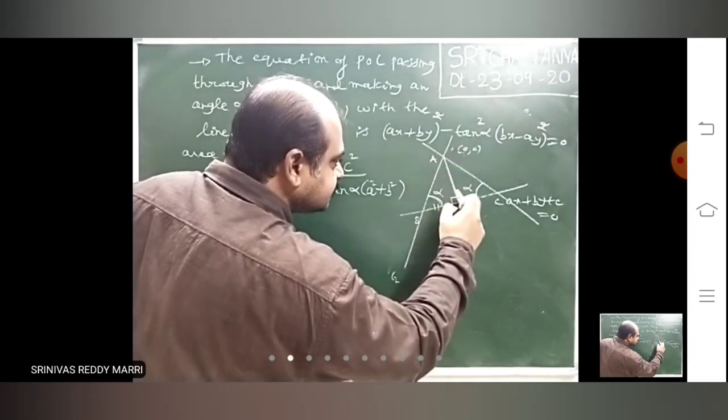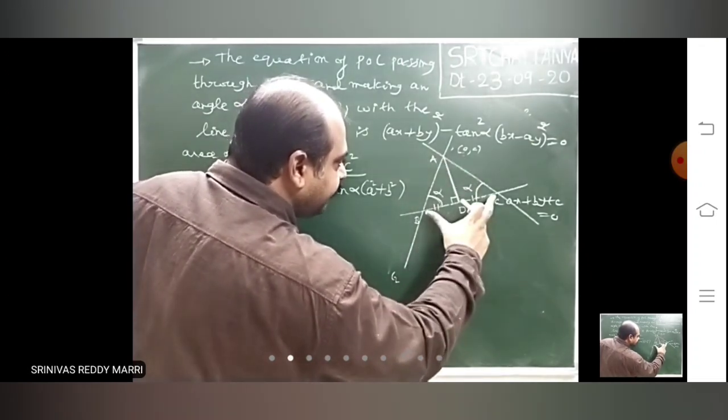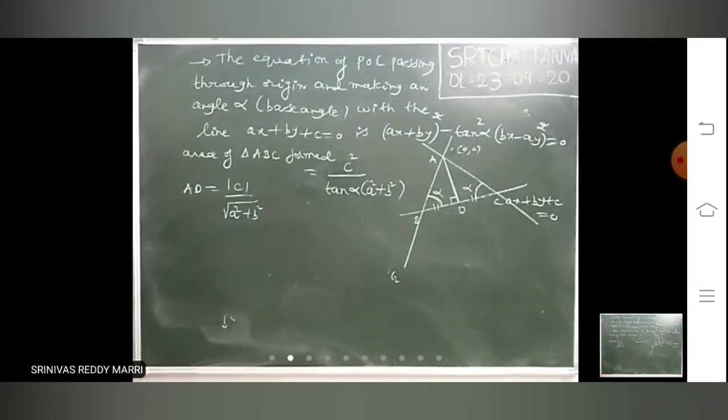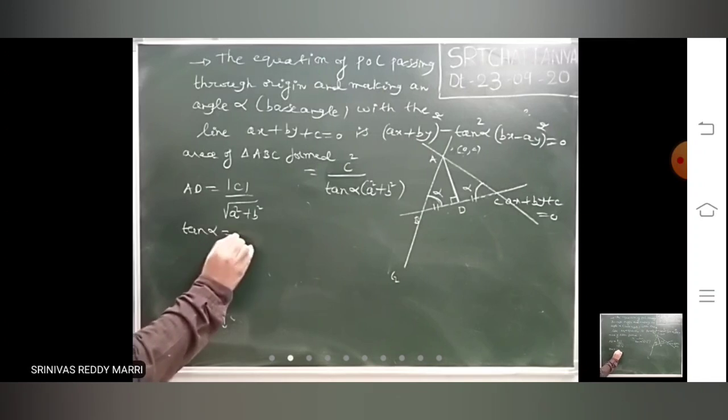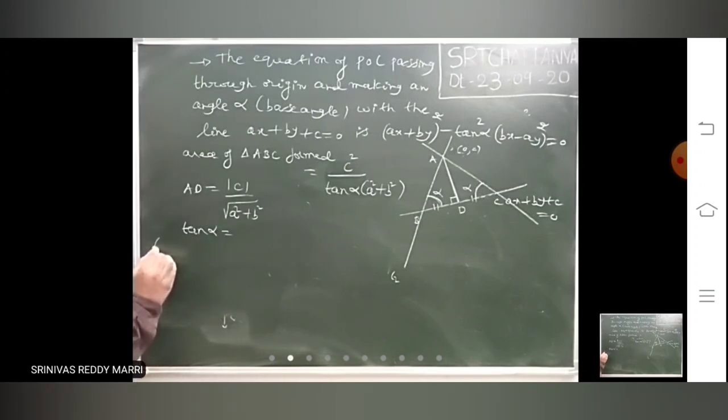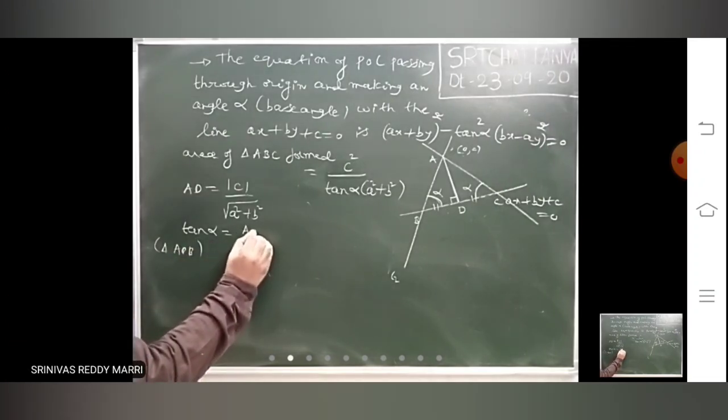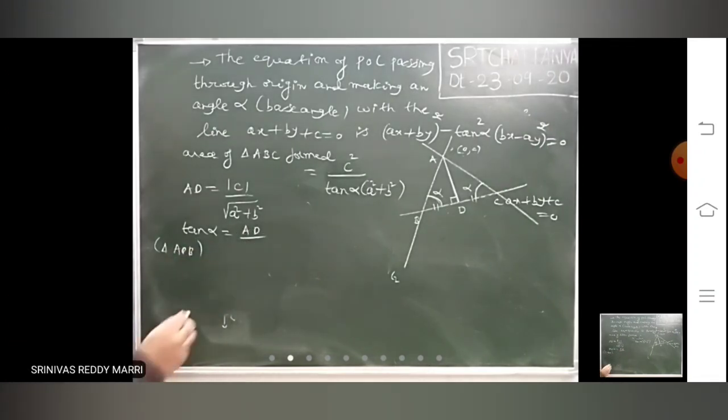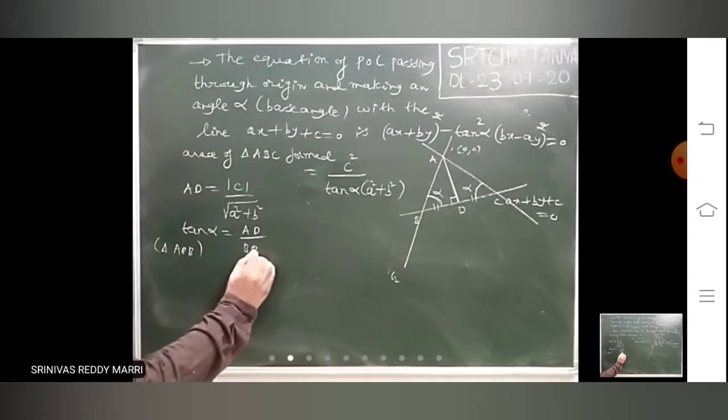In the isosceles triangle, AD bisects BC also. Now I want to calculate BD. From triangle ADB, tan alpha is AD divided by BD.